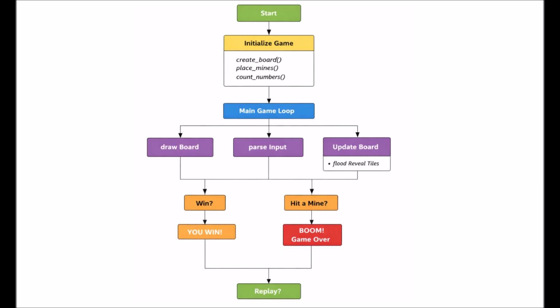You create the board, place mines, count numbers, and then it goes to the main game loop, which does three things. It draws the board, it parses user input, and it updates the board, flood, reveal tiles.